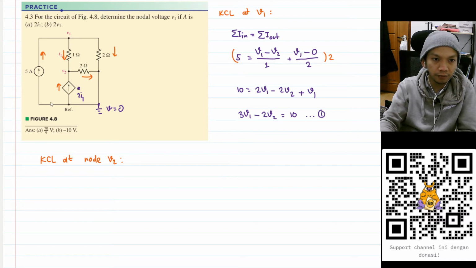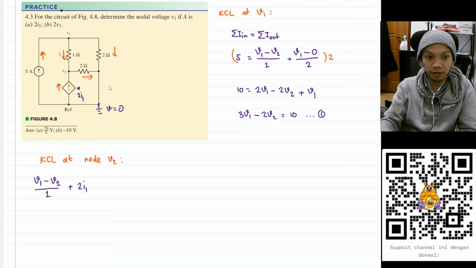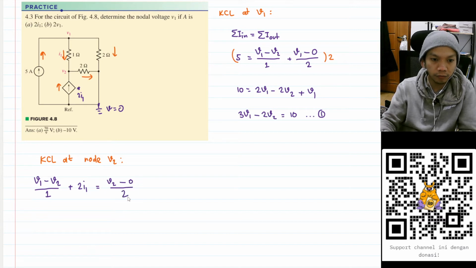So this current will be V1 minus V2 divided by 1, plus this current here, which equals 2I1. And that will equal the currents going out here, which is V2 minus this node here, which is 0, divided by 2.